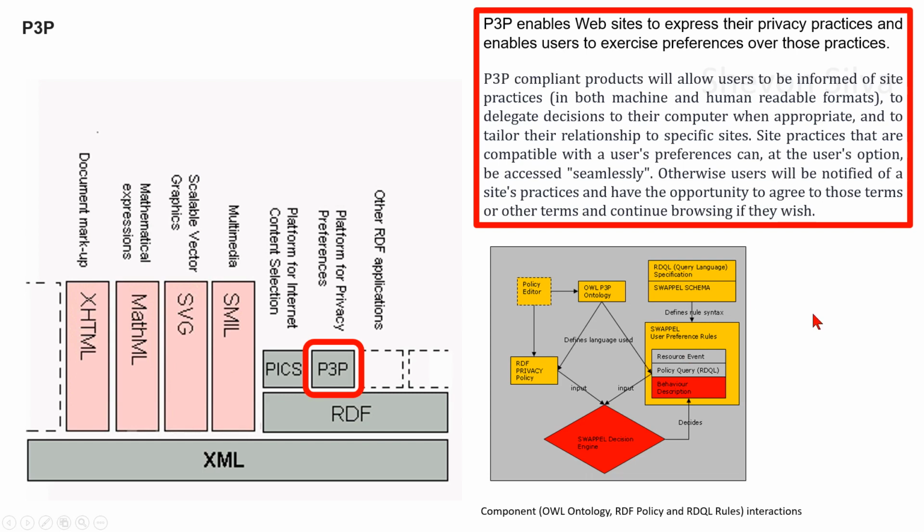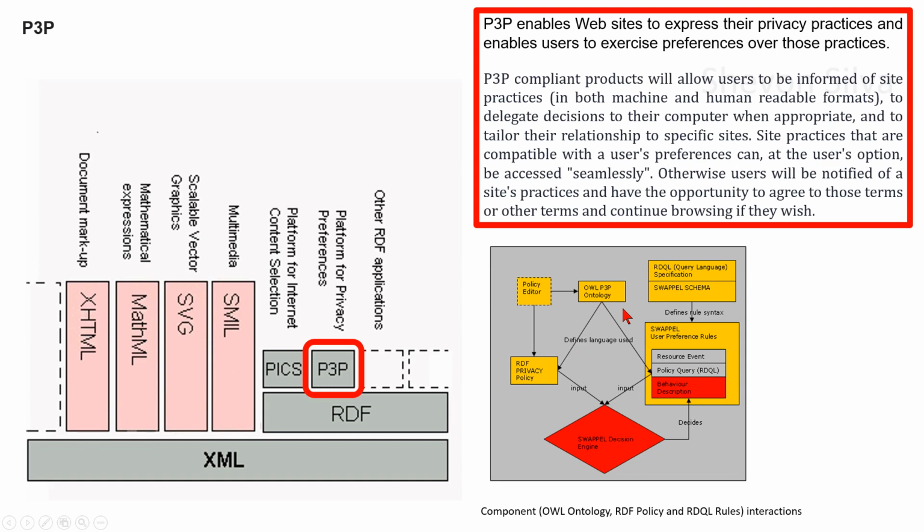This diagram shows how these standards are used within an experimental implementation of P3P. In short, the OWL ontology specifies the concepts that may be used within any RDF P3P policy, in much the same way that the P3P 1.0 XML schema specified the way XML tags may be used within P3P 1.0.